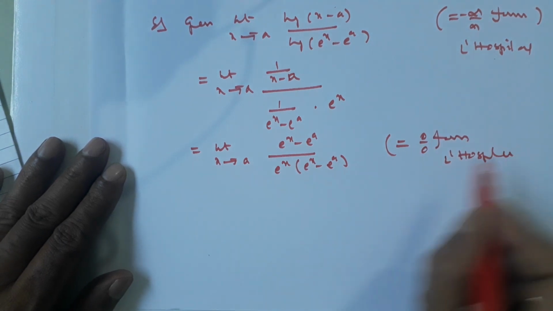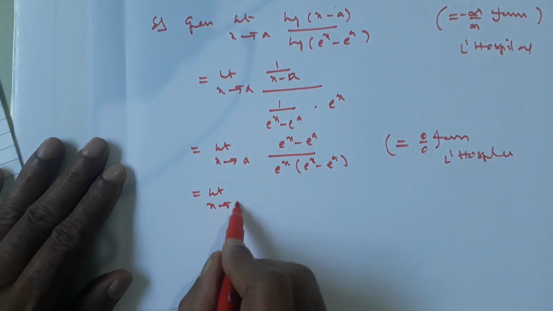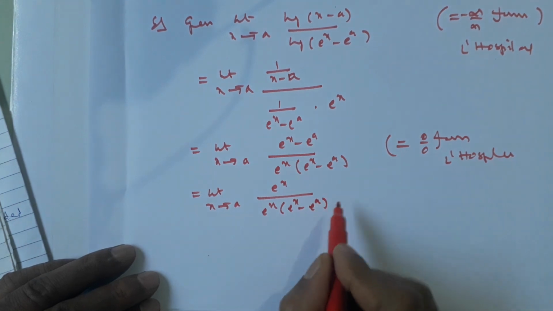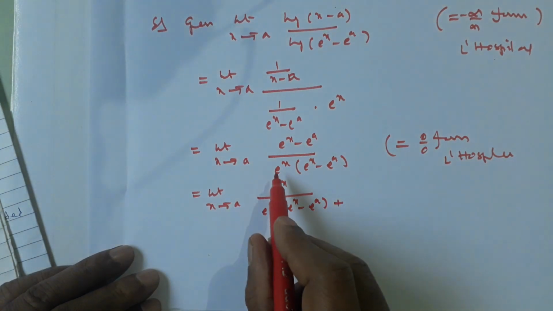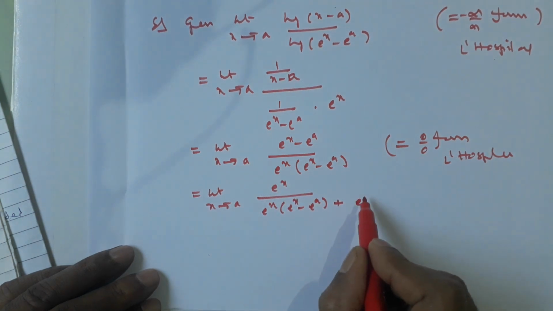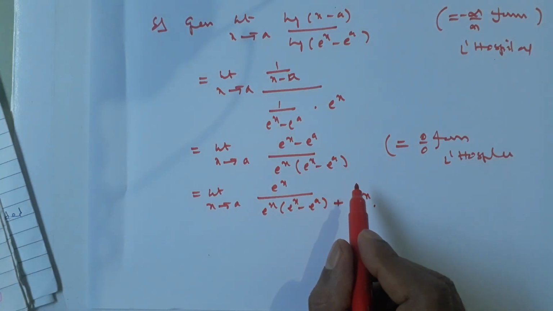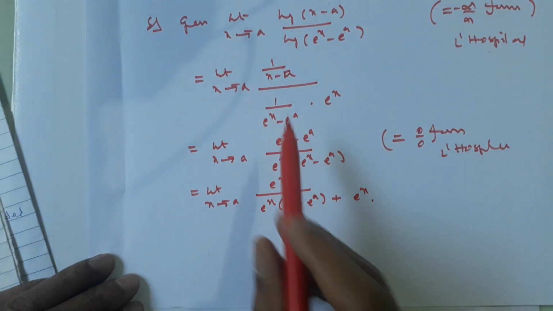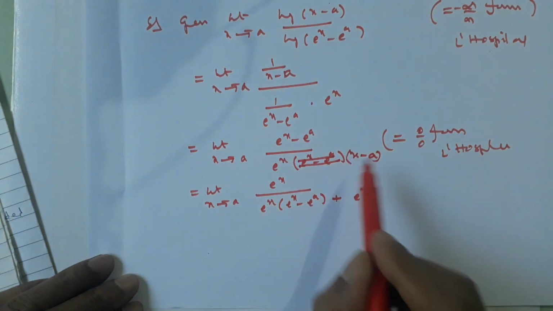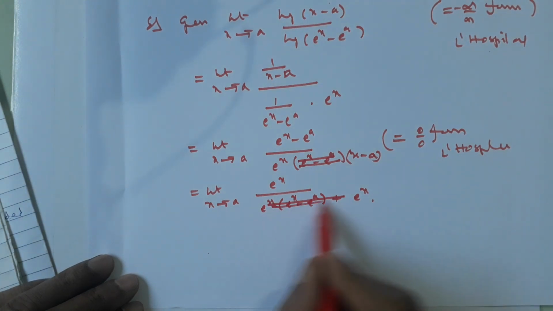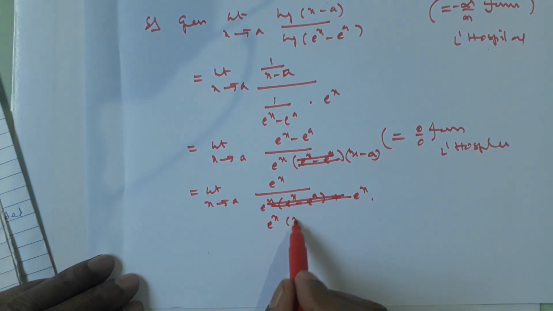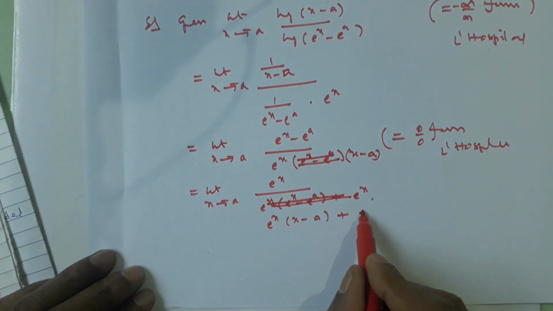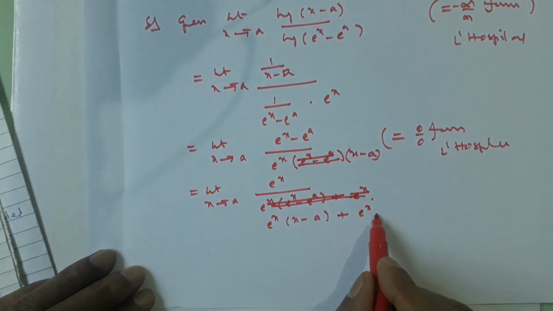L'Hospital again. This is equal to limit x tends to a of e power x divided by the denominator, differentiated by the UV method: e power x into x minus a plus, treating e power x as constant, the derivative of x minus a, which is 1.